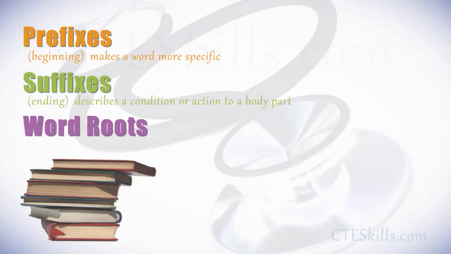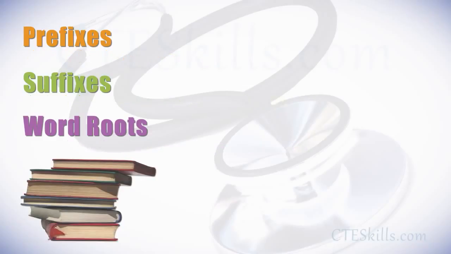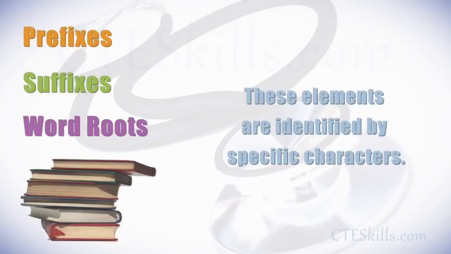And word roots are the main elements within the medical term, to which prefixes, suffixes, and connecting vowels are added. These elements can be identified by specific characters. A root word will be followed by a forward slash, a suffix will follow a hyphen, and a prefix will precede a hyphen.